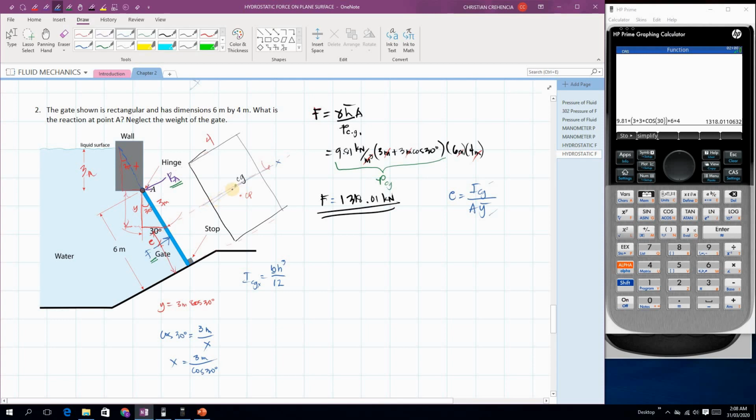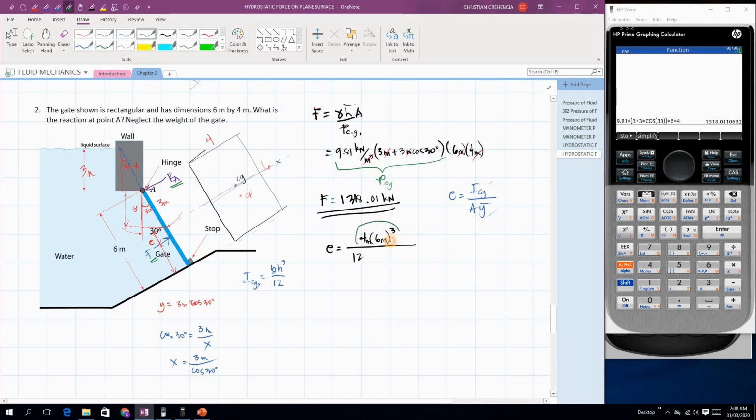So pag tinignan natin dito sa ganitong view, so ito yung ating B, parallel doon. So B, then ito yung height or H. Okay. So solve na natin yung ating distance E. So ICG is, B natin is 4 meters, H natin is 6 meters, cube over 12. Okay?